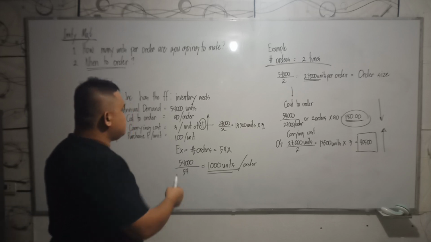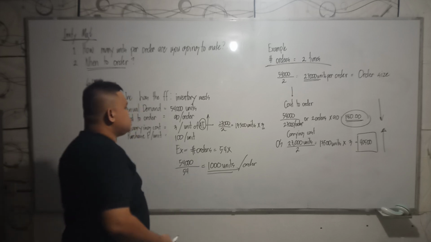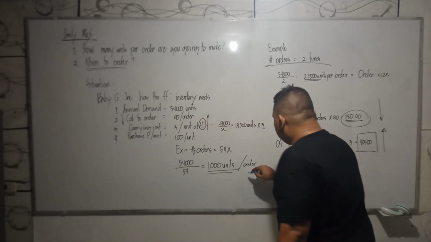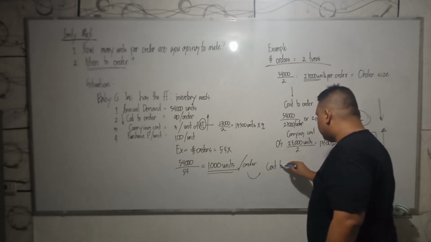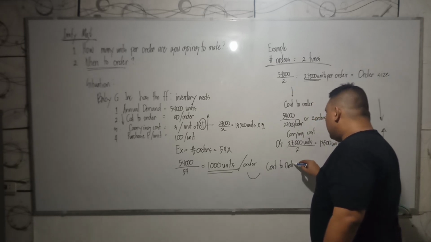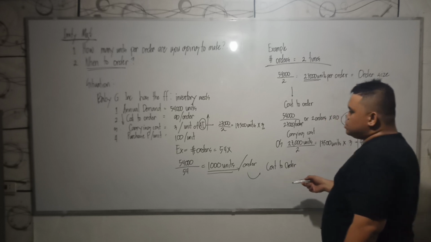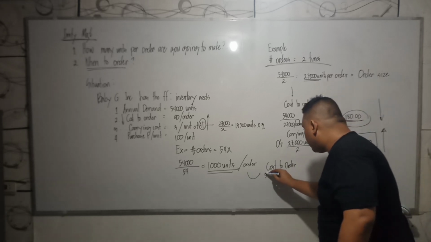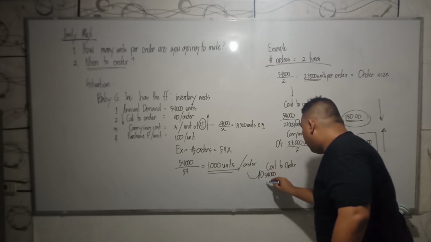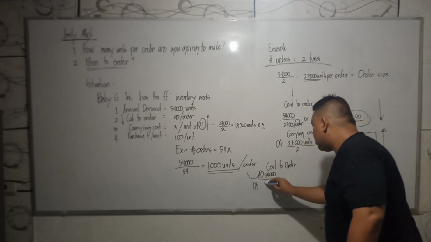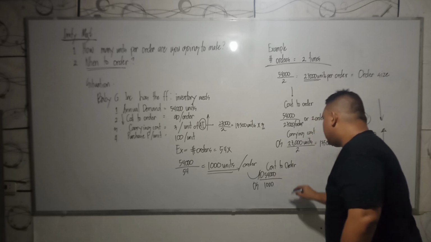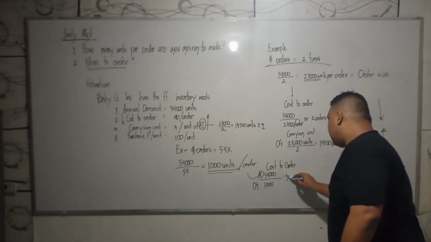So what will happen if this will be the case? Let's compute first the cost to order. You can immediately put there 54 times, or else you have 54,000, which is the annual demand, over the order size of 1,000, and you'll get still 54.